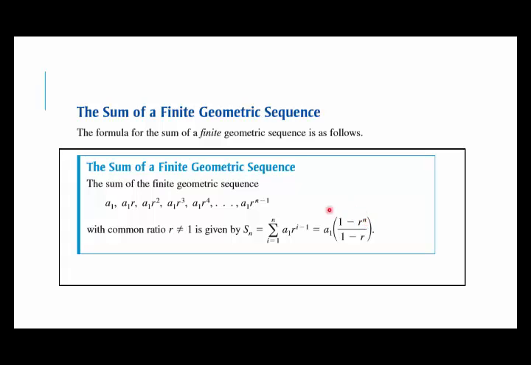This nth power corresponds to the n that is on top of the sigma. So the n on top of sigma is the upper bound of my summation series. This is my initial term. So whatever my initial term in the sequence is, it's going to be multiplied by 1 minus the ratio to the nth power over 1 minus the ratio.